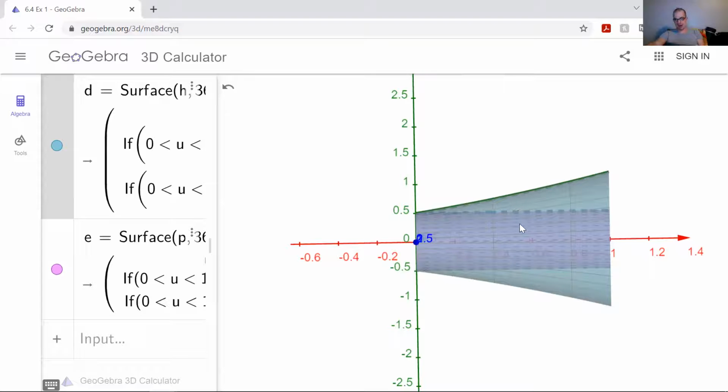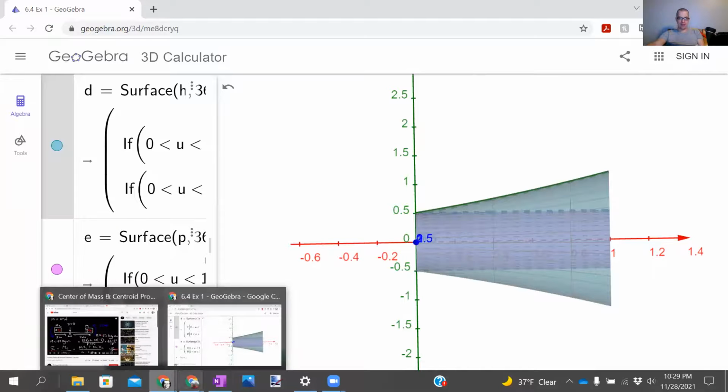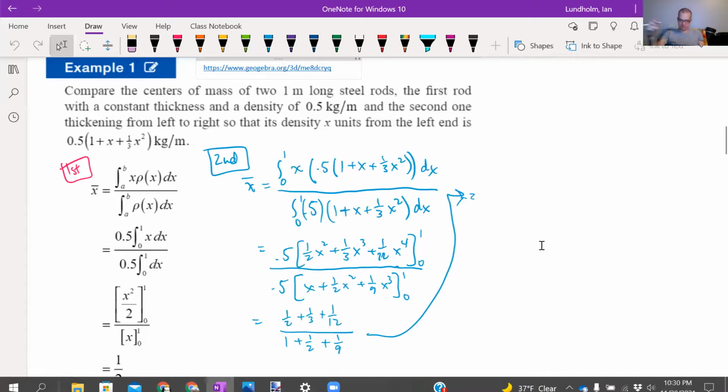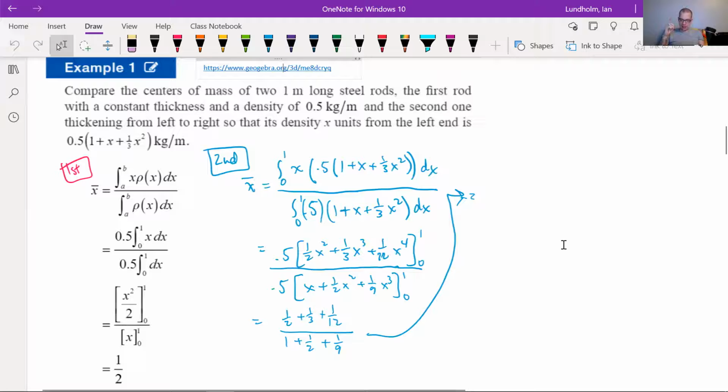Instead of being directly in half, maybe we're a little bit over a half. So hopefully we're going to get a fraction that's a little bit more than a half here. All right, on the top, that is 6/12 plus 4/12 plus 1/12, which is 11/12.